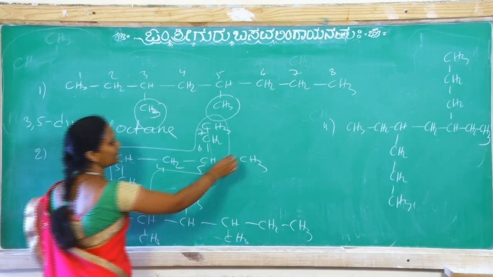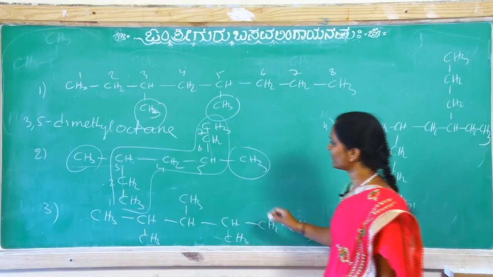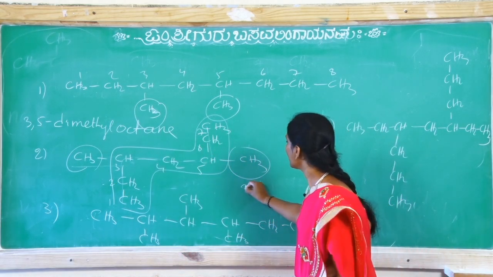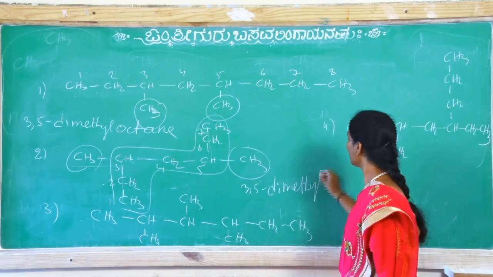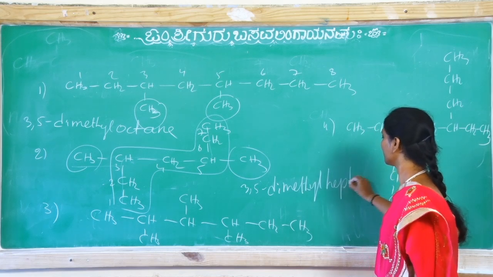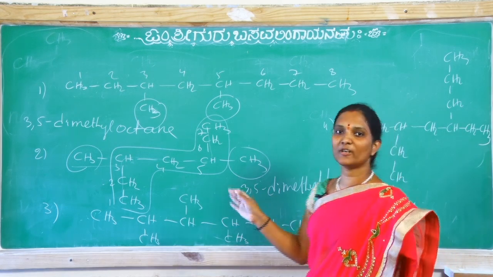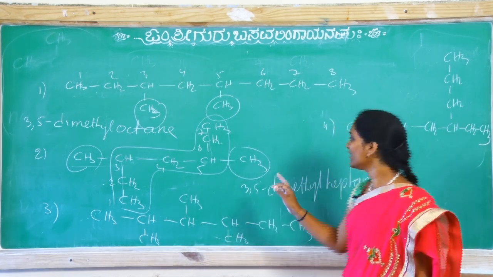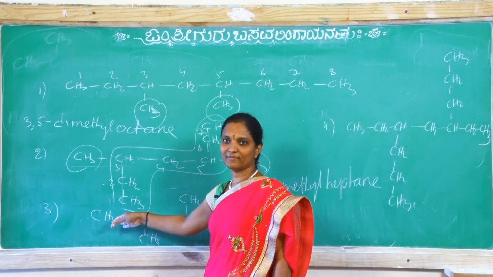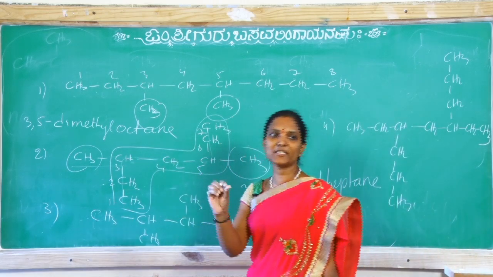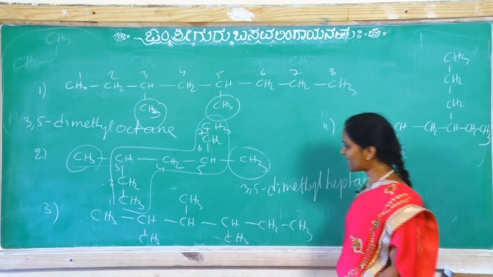Third position, fifth position. 3,5-dimethyl heptane. This name is not 2,4-diethyl. The name is 3,5-dimethyl heptane because this is the longest chain. Just to confuse, a direct C2H5 is given, that is CH2CH3. Okay. Next one.